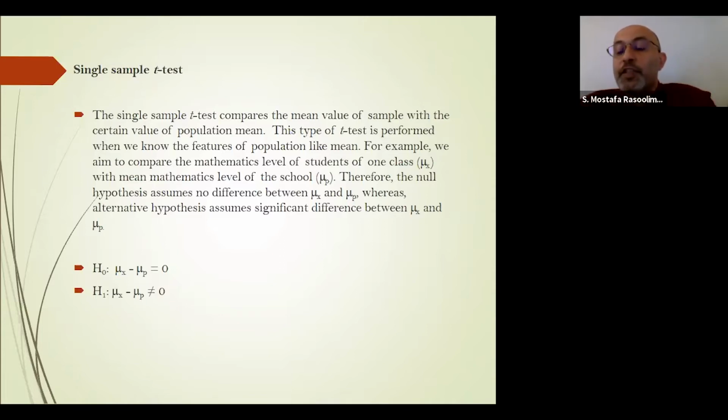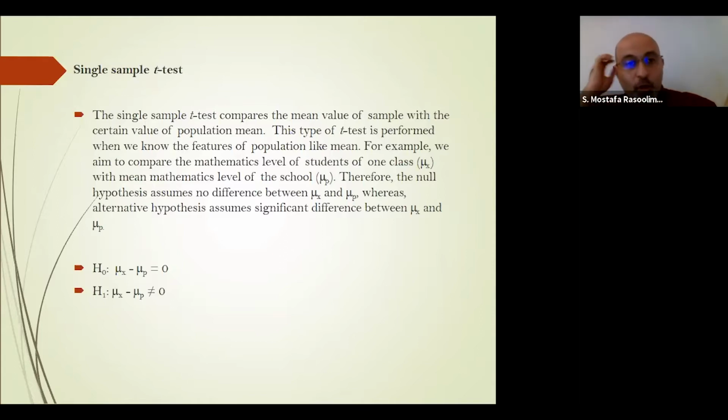For example, the average of the school is 3.2, right? So we want to see the difference between this class for mathematics score and the average of the school. Is there any significant difference between the math score of this class and the average of the school or not?